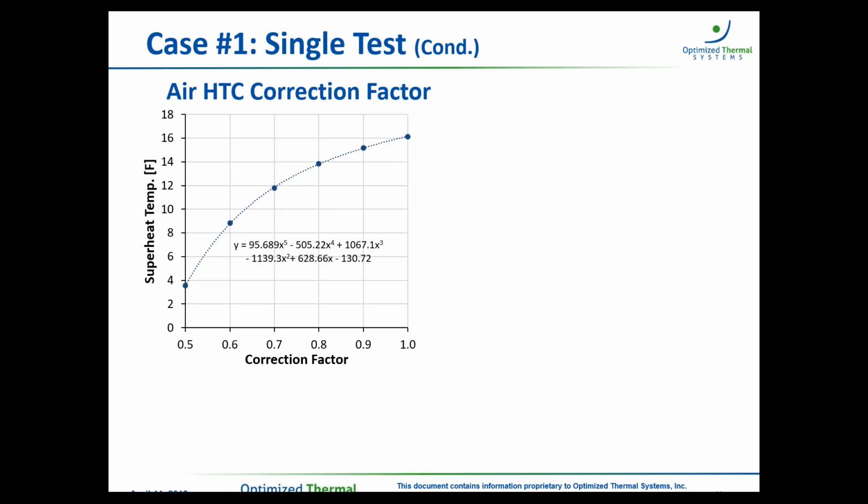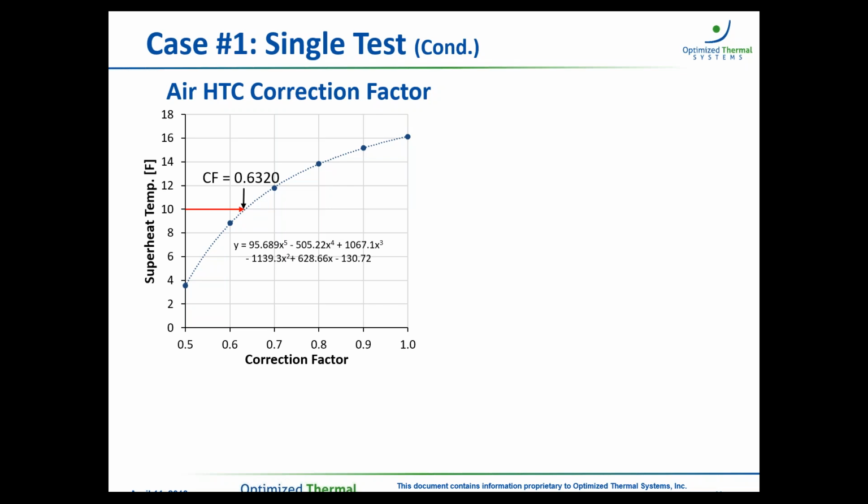And so this plot shows a simulation from the CoilDesigner run with correction factors from 0.5 up to 1, and the subsequent superheat that's predicted from those simulations. And if we look to our 10 degrees superheat, which we saw experimentally, we need to apply a correction factor of 0.63 to the air side heat transfer coefficient in order to match that superheat.